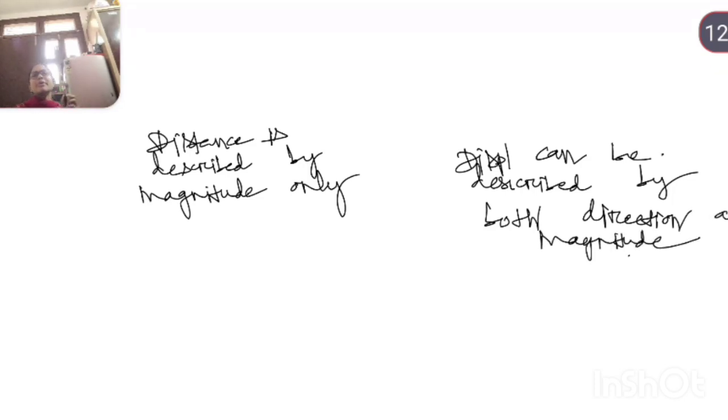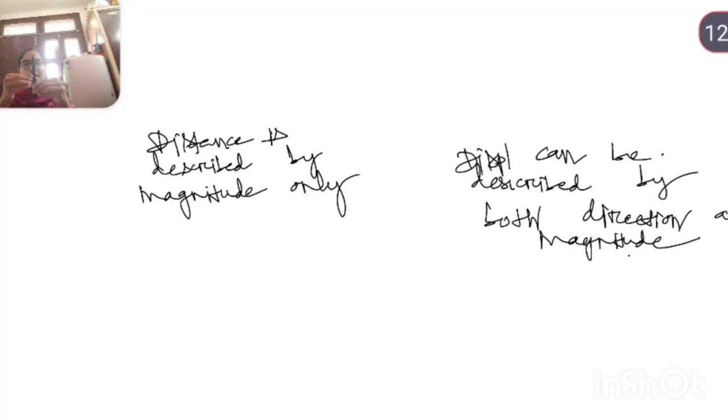So what do you mean by magnitude? If I ask what is the magnitude, what is the size of this pen, we simply measure from here to here. So distance is described only by size. Suppose the pen is in this horizontal direction, the size will be 10 centimeters.